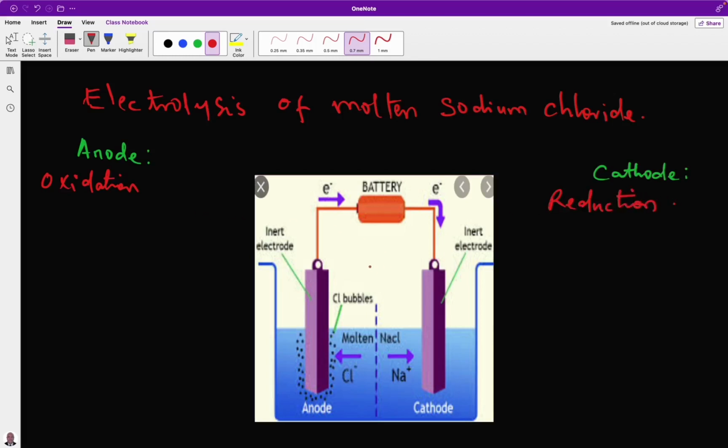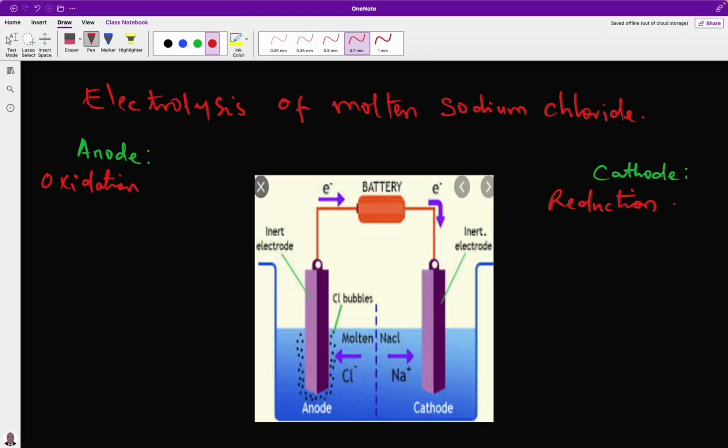Now, we have molten sodium chloride. Again, there's no water involved, so the only two ions there are the sodium ion and the chloride ion. The same thing that happened with molten magnesium chloride is going to happen here.